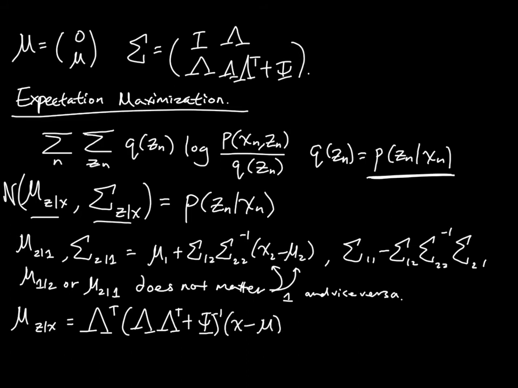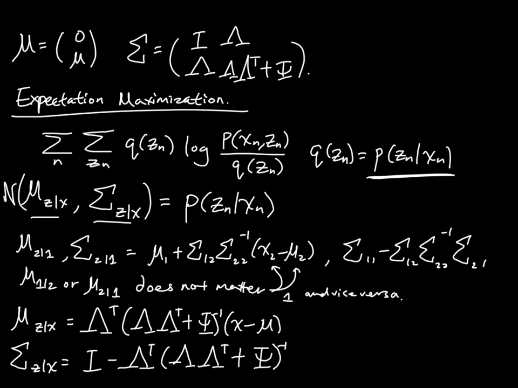And for sigma z given x, it is equal to I minus lambda transpose (lambda lambda transpose plus psi) inverse times lambda.